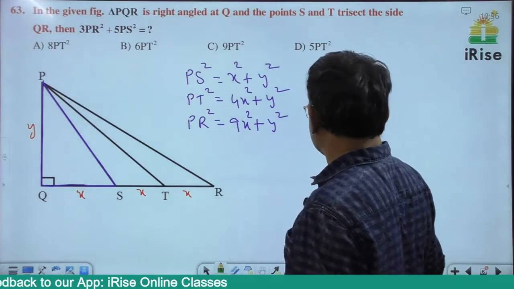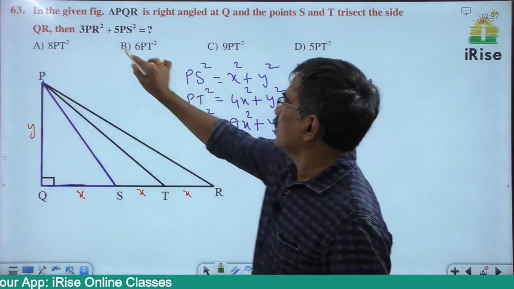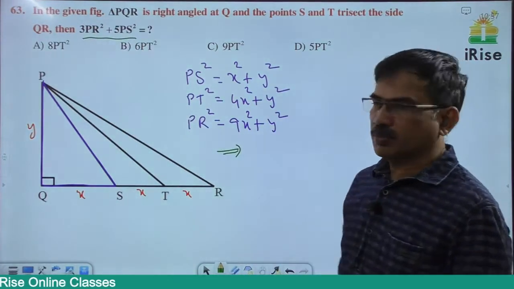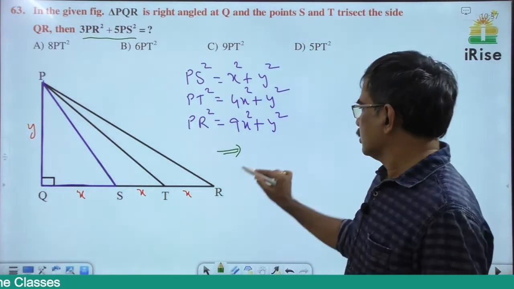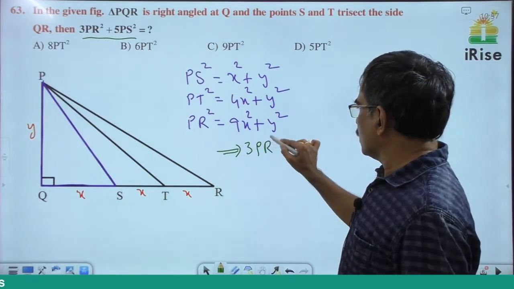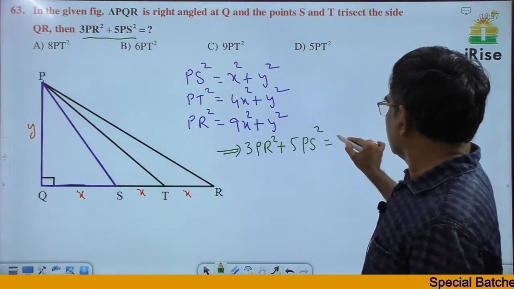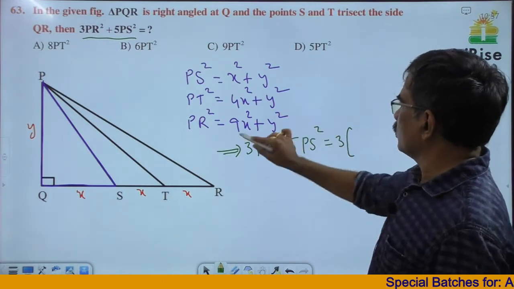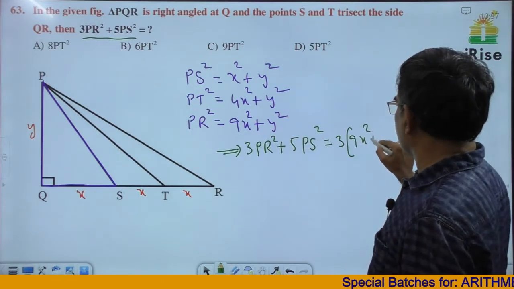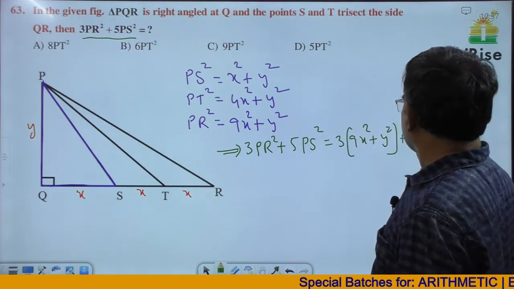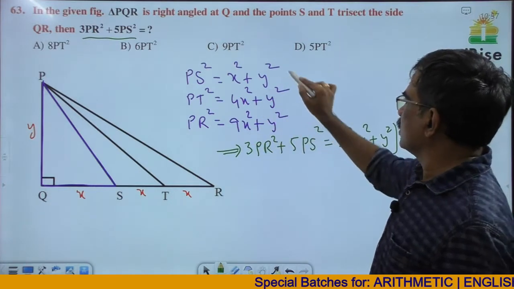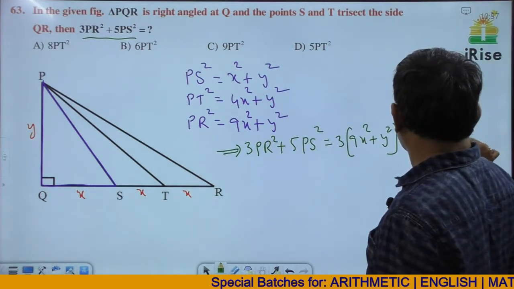So from this, what do they want? 3PR square plus 5PS square. So 3PR square plus 5PS square is equal to 3 into PR square, which is 9x square plus y square, plus 5 into PS square, which is x square plus y square.